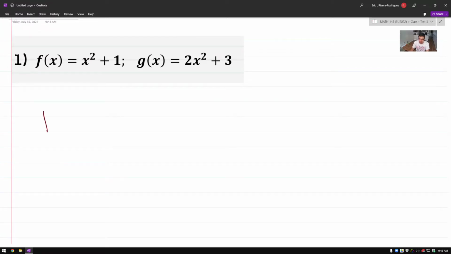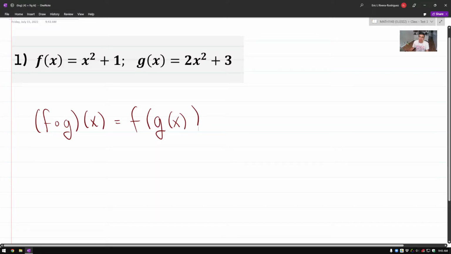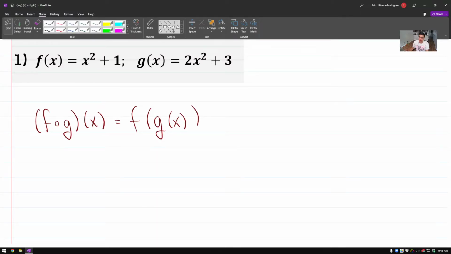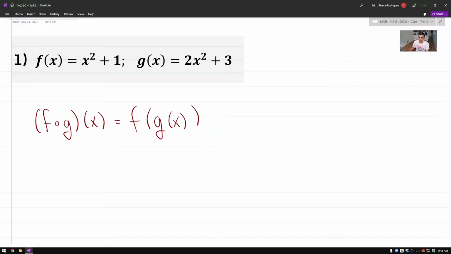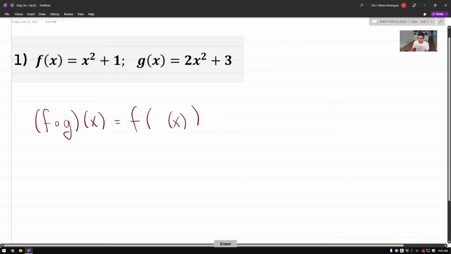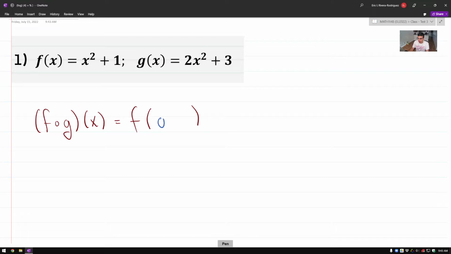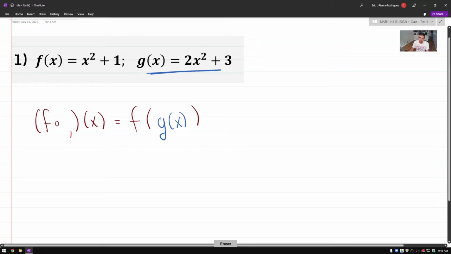Okay. So we are going to do f composition of g of x. Okay, and we start with the definition. So now g of x becomes the argument. And let me use a different color for g. Let me just fill down. Okay.